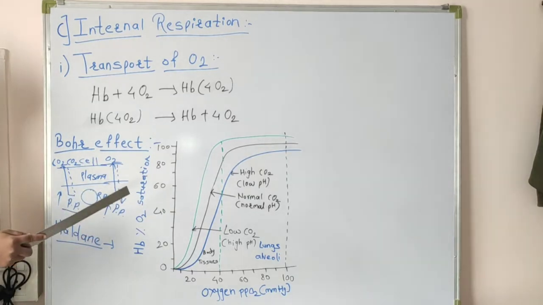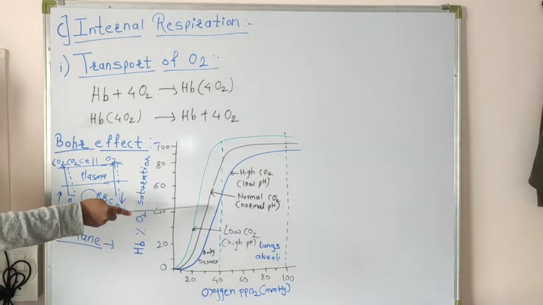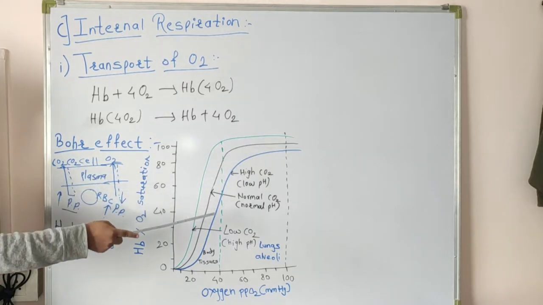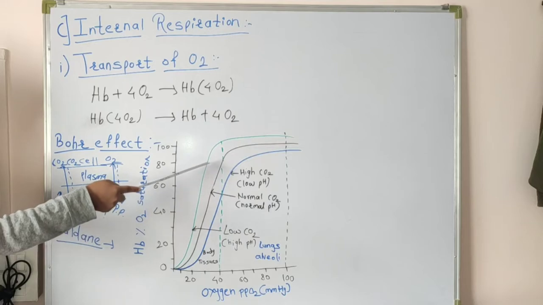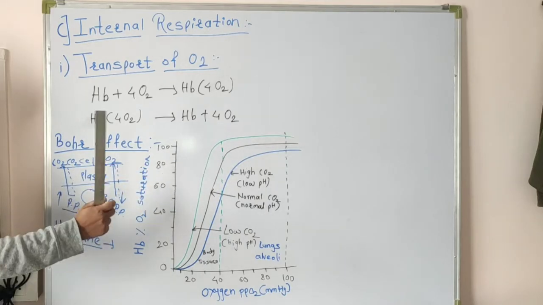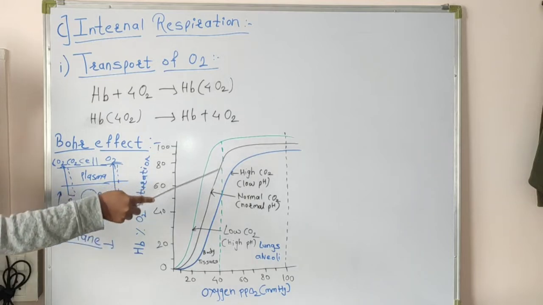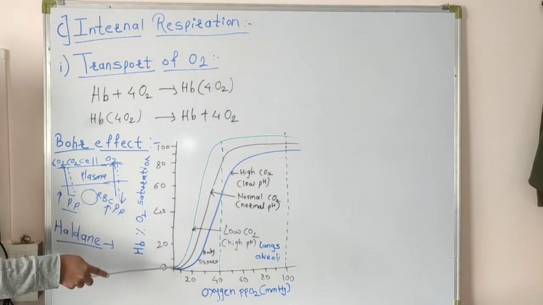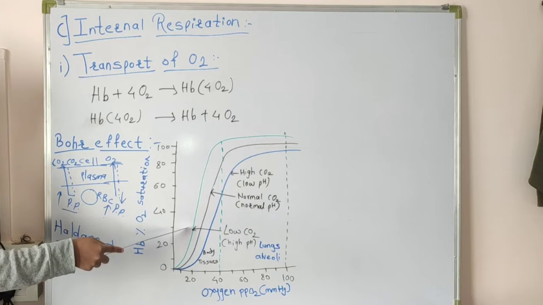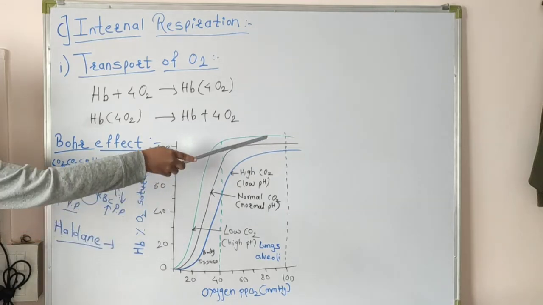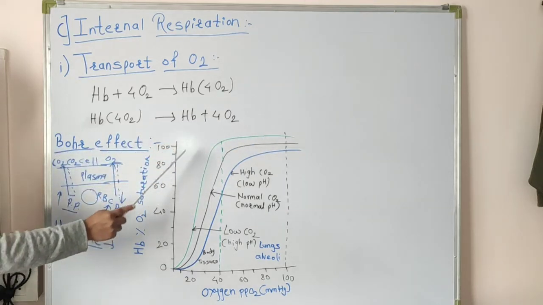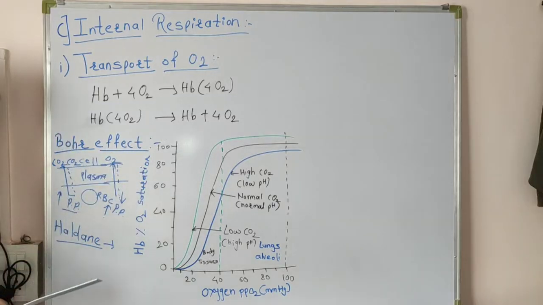I have already told that when hydrogen ions increase, at that time this curve also shifts towards the right side. You can see this curve starts from the left side and ends on the right side. That means it shifted to the right side.